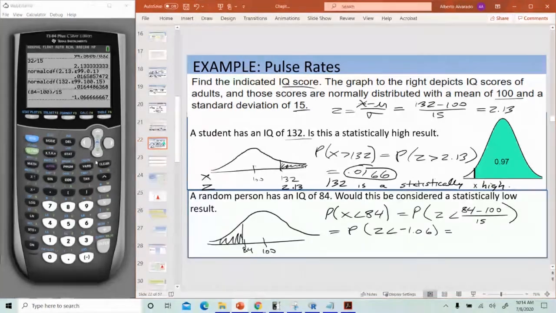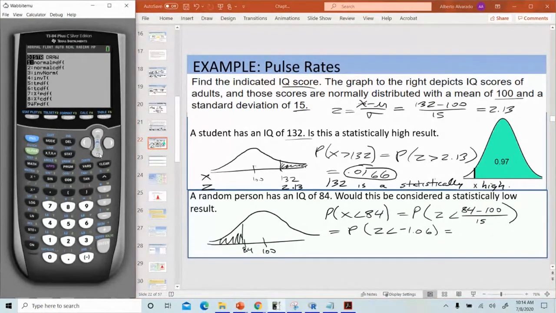Now I just need to do normal CDF, second Vars, normal CDF, from negative infinity to negative 1.06. Okay, and then I get an answer here. It's pretty low.